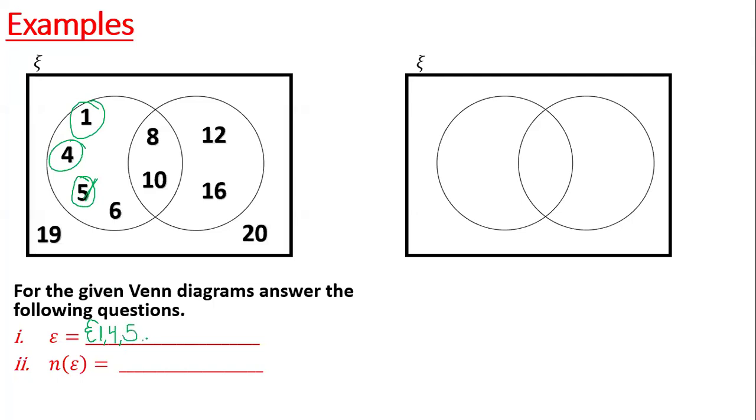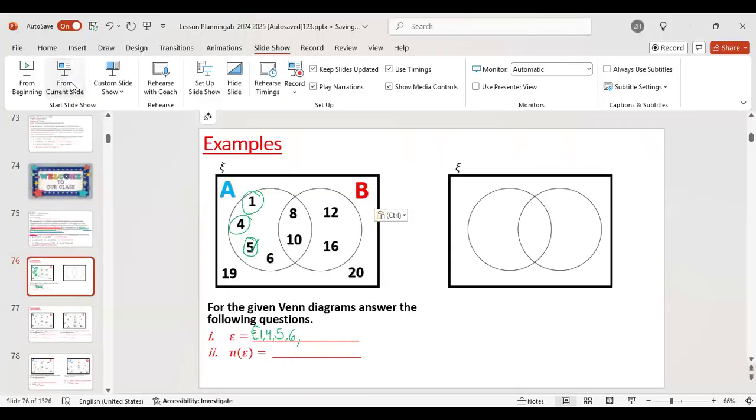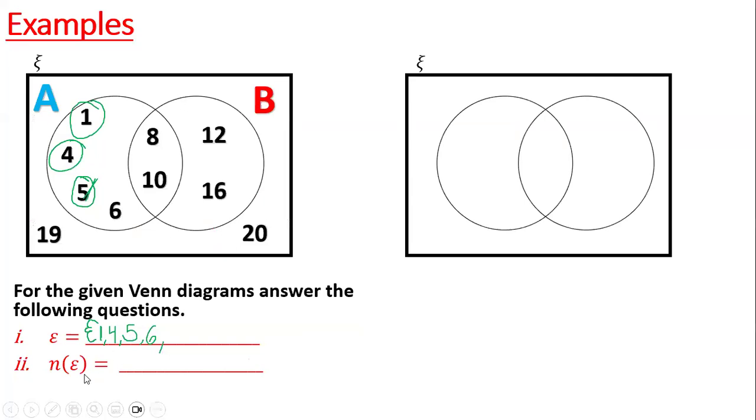Wait a minute though, where are the letters for the square and the circles? That is true. Where's A and B? Let's put that in. A and B. Thank you, Cleveland. So we have 1, 4, 5, and 6.